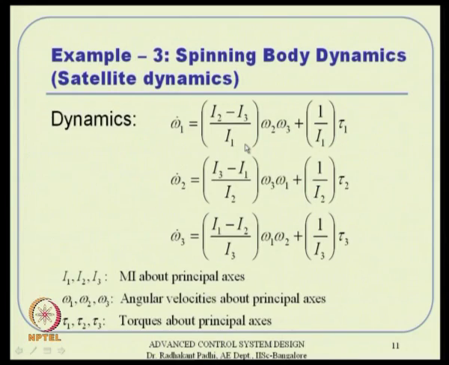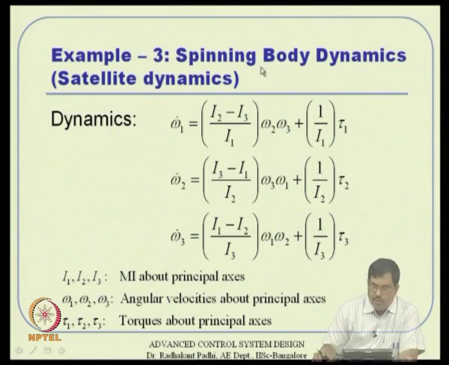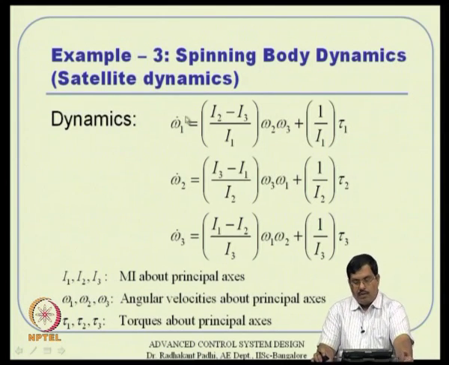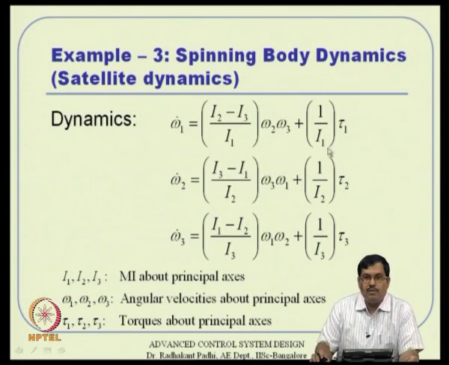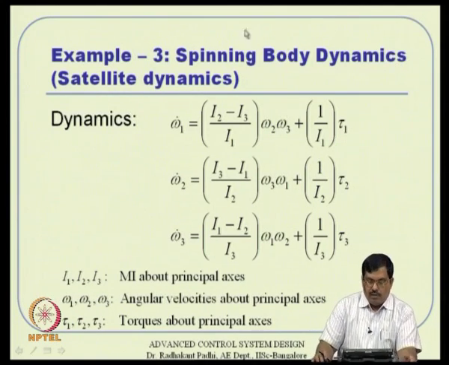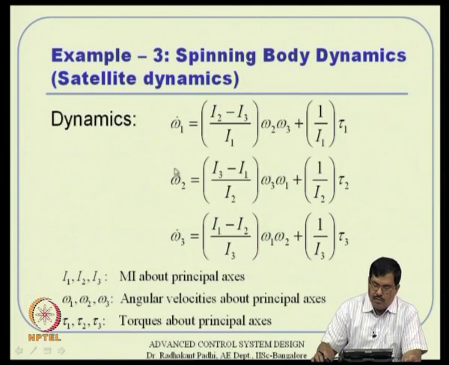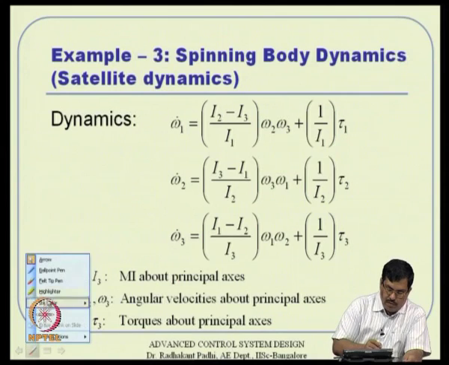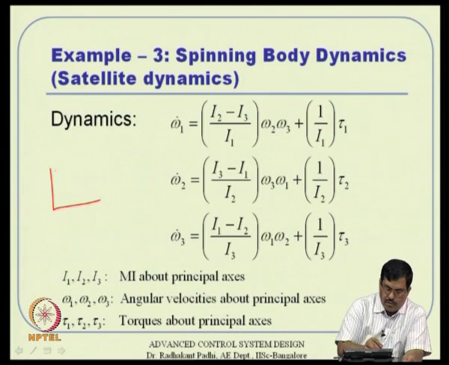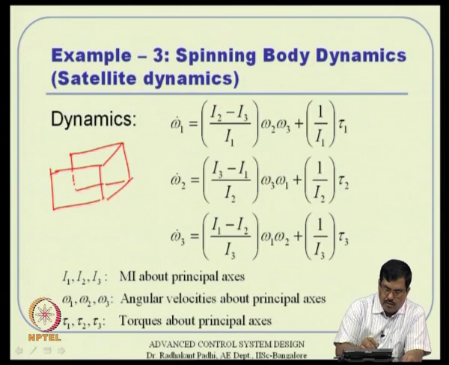All right. Now, we will continue with another example. This is again an example we discussed while discussing the state space form of system dynamics. This happens to be like rigid body dynamics. Essentially you can visualize this as something like a box, let us say some satellite, or it can be any arbitrary shape.